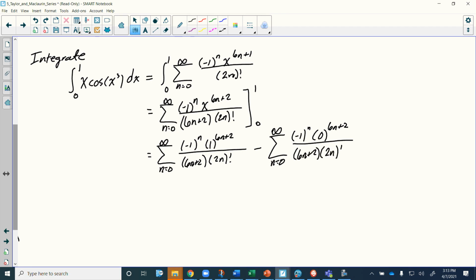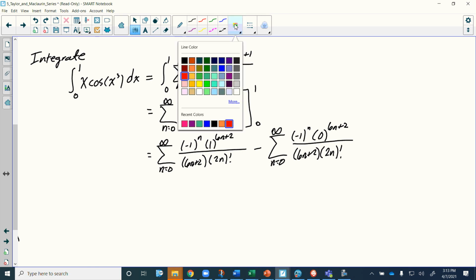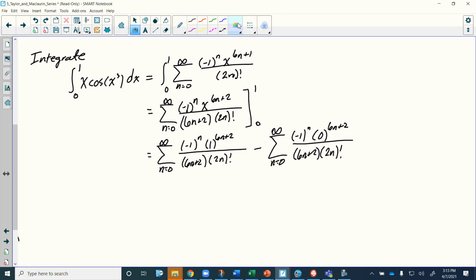And here, because of the 0, we're multiplying by 0, and we're going to say, 0 divided by something. This whole thing is going to simplify to be 0.